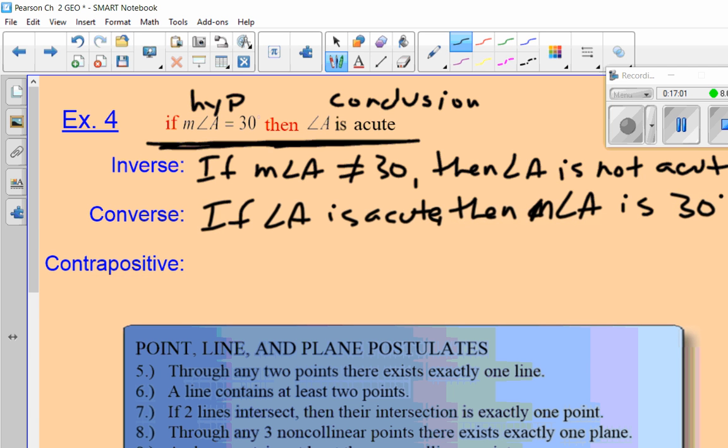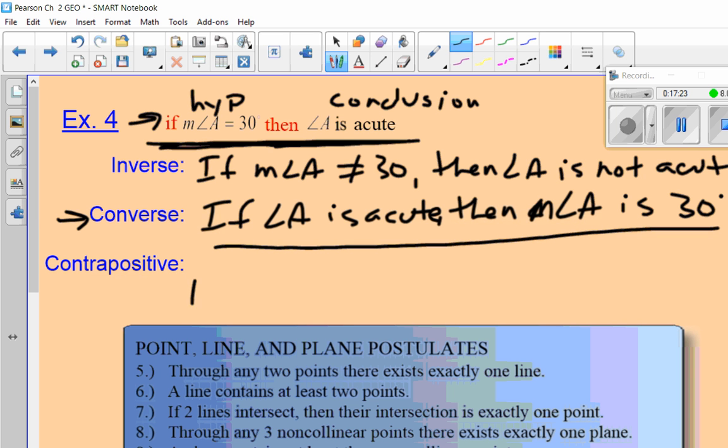Contrapositive. We're going to go back to our conditional statement, and we're going to flip it. Remember, if you go back to your notes, contrapositive is flipping it, so it's like doing the converse, but then I negate it also at the same time. So really what you could do is go to the converse. It's written the way it should be. I just have to put the word not in there to negate it.